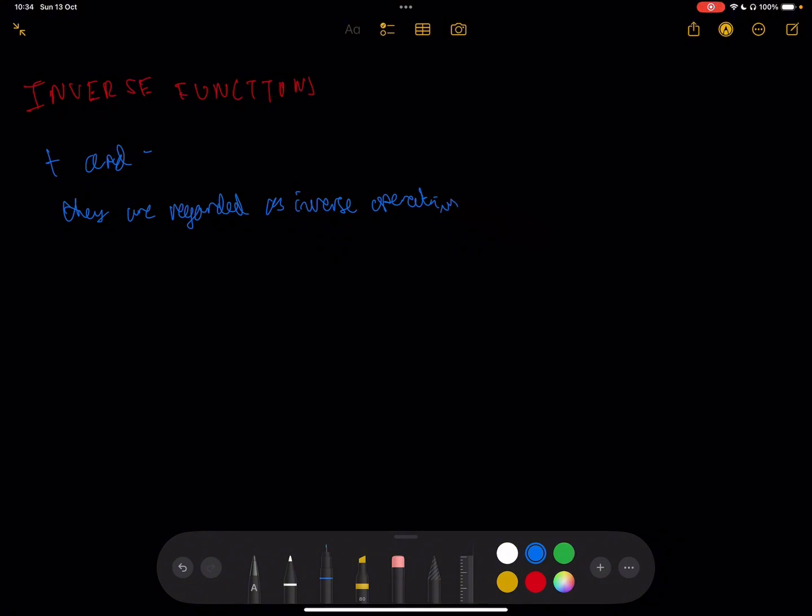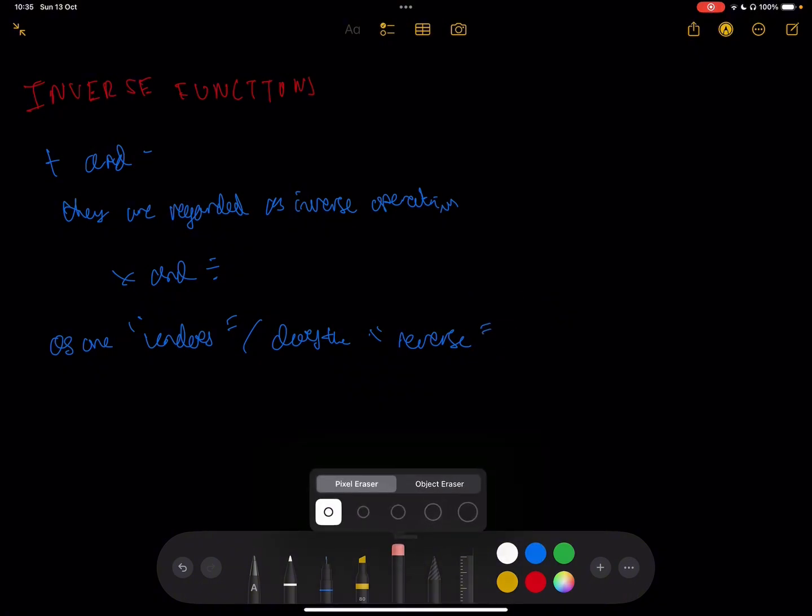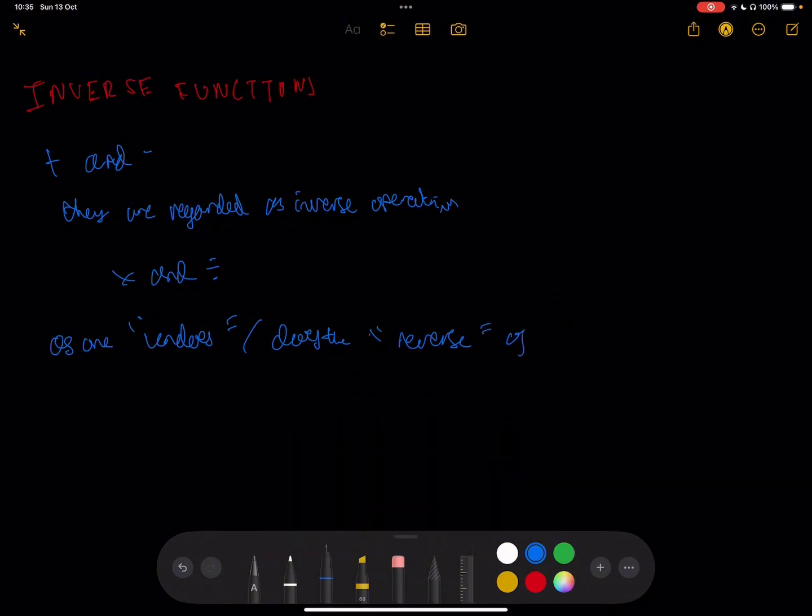The same can be said of multiplication and division, as one undoes, or does the reverse of, the other.